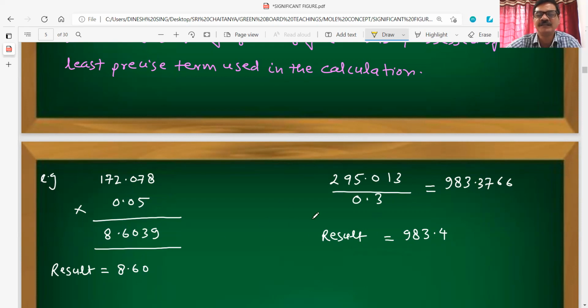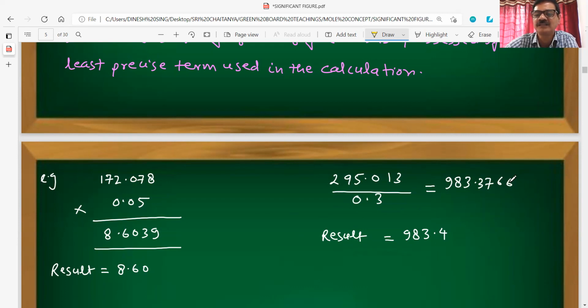The same thing applies to division. Now we are dividing 295.013 by 0.3. If we divide this number by 0.3, we get 983.3766. Since this number has only one digit after the decimal point, our answer must also have only one digit after the decimal point. So now we can round off these numbers.